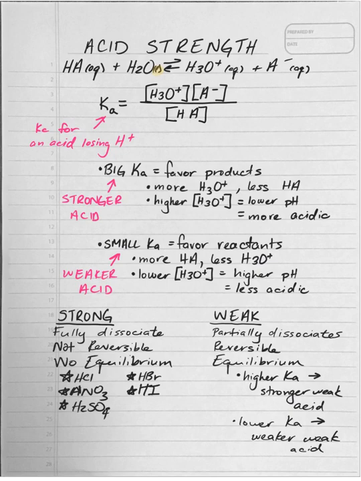So if we come back up here to the top and think about this equilibrium reaction, what we've established down here is that there are strong and weak acids. So what is it that's going to make some of these equilibrium reactions and some of them go only one way? Because that's ultimately what's going to determine acid strength.